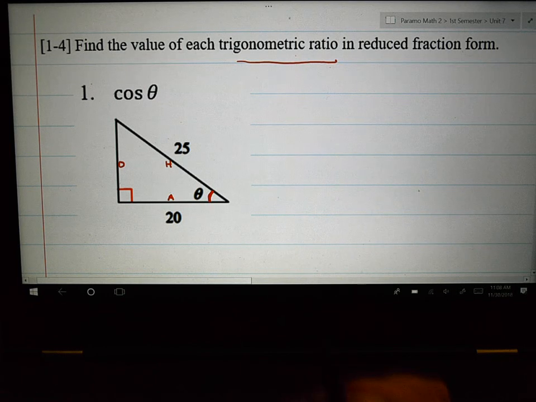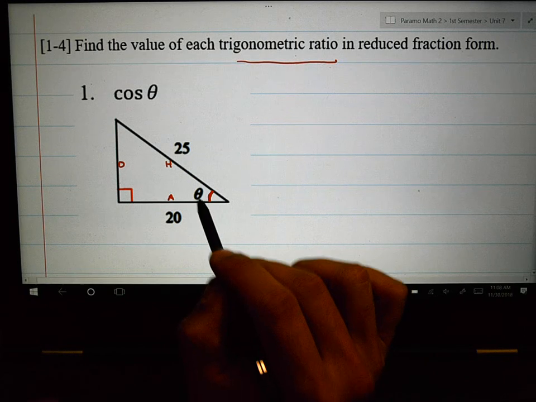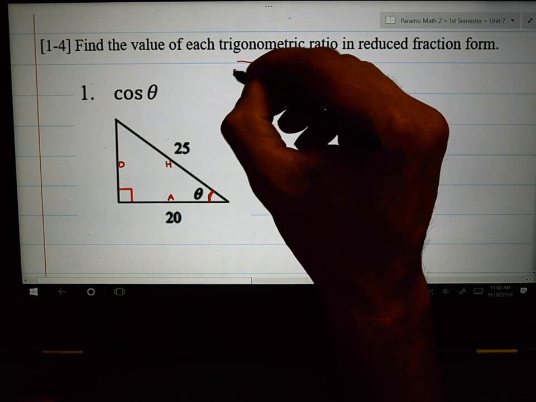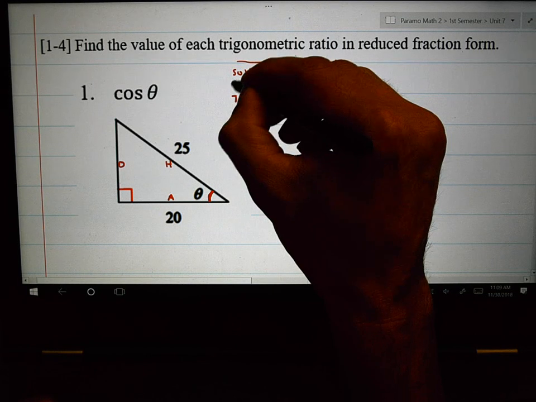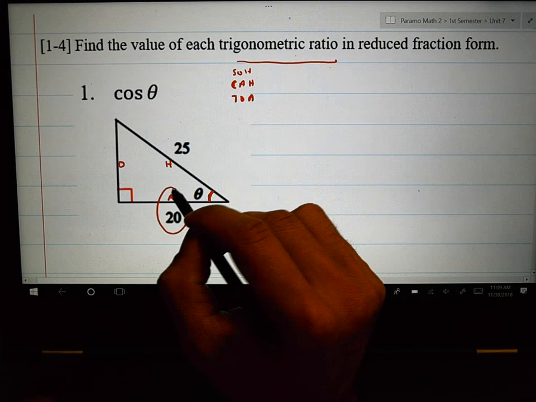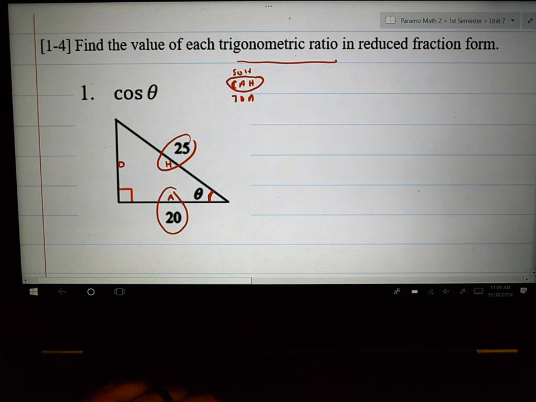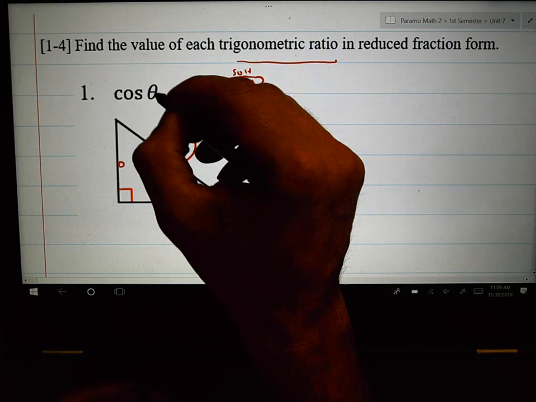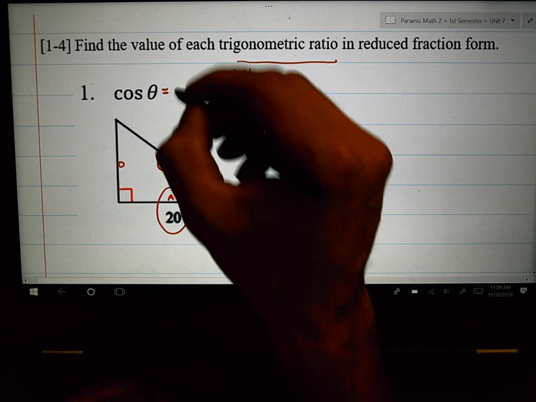And what I usually do from here is I say, okay, cosine of theta. The cosine. So, SOH CAH TOA. And I realize that the only one that has the A and the H, the cosine, is the A over H. The cosine of theta equals A over H. Which one's A?